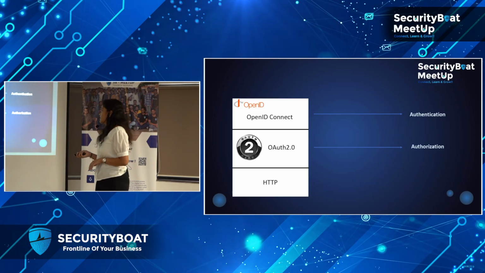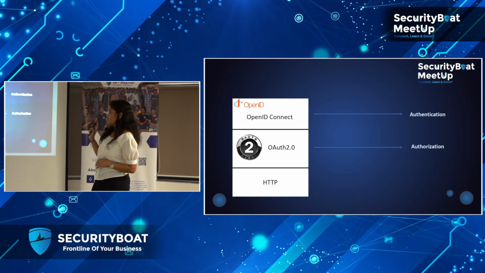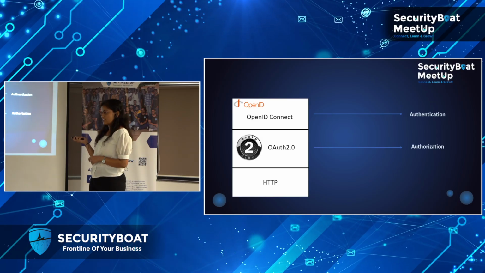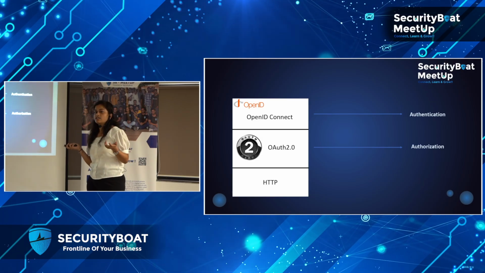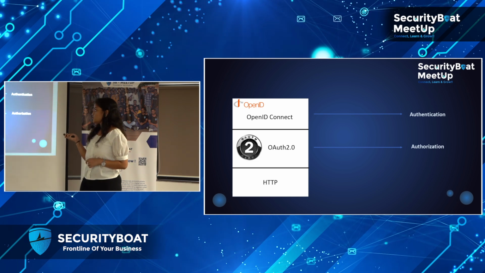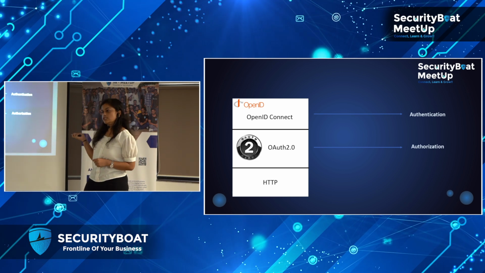Next slide. Before discussing OAuth 2.0, let me clear up the first thing: OAuth 2.0 is primarily built for authorization, but sometimes developers use it for authentication also. There is an extension known as OpenID Connect that you can use for authentication.